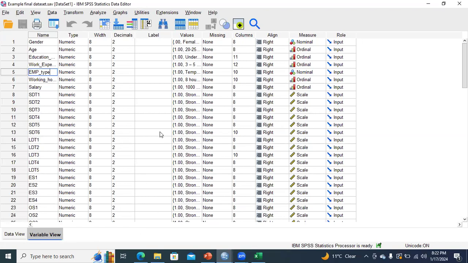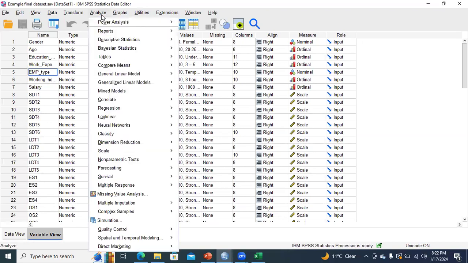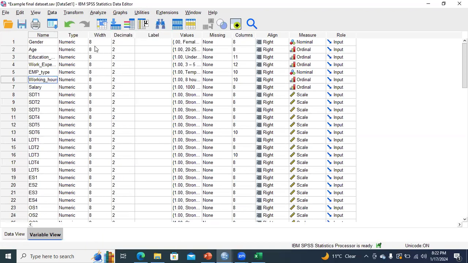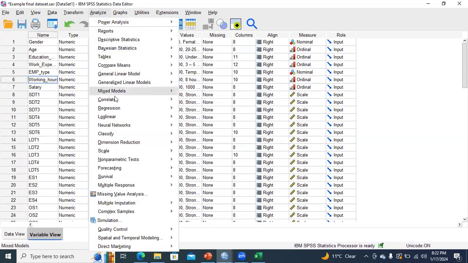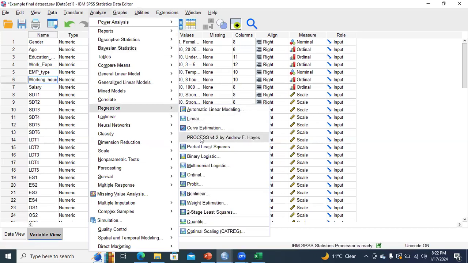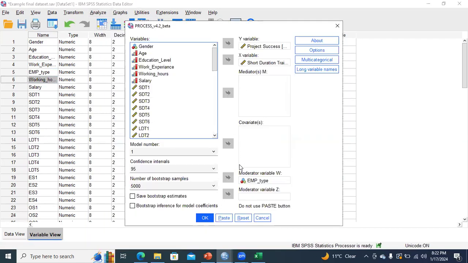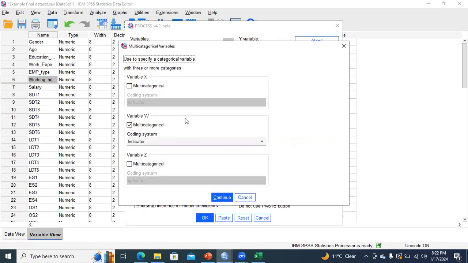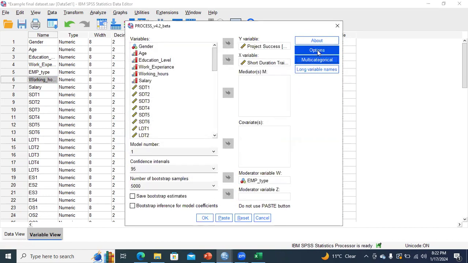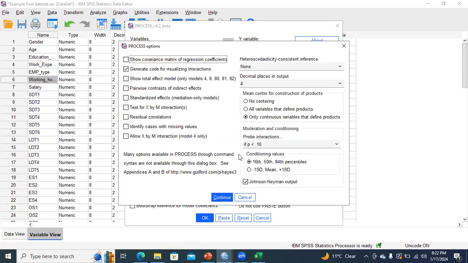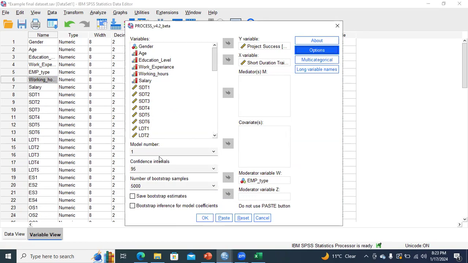Now what you need to do is go to Analyze, Regression, PROCESS by Hayes. You have put it over here, and in Options you have selected the required options. All right, you just need to check the model number.